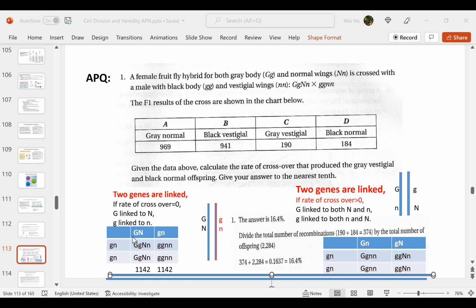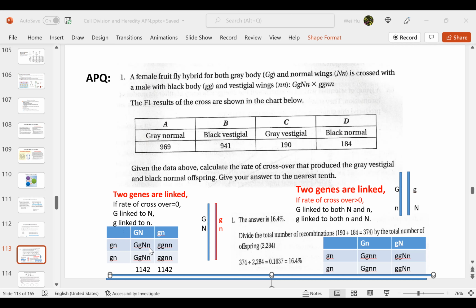So if they're 100% linked, then you should treat them as one gene. So then when you do this Punnett squares, you put G and N together and small g and small n together. So you cross with G and N. They ask you to cross with the lowercase one.